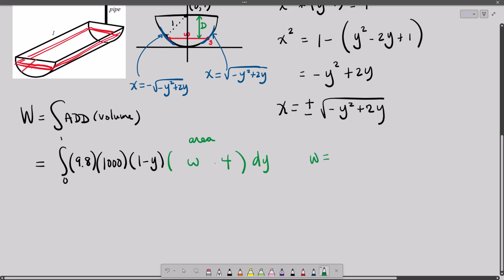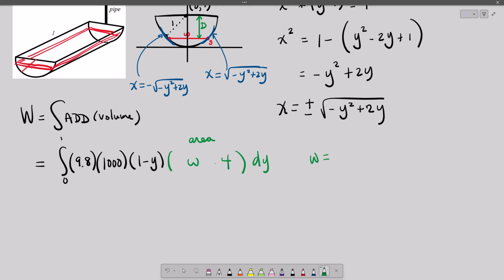W is the distance across the face here. There are 2 ways to think about it. One is the really basic way: it's a horizontal distance, so we take the right x and subtract off the left x. The right x is this, the left x is that.